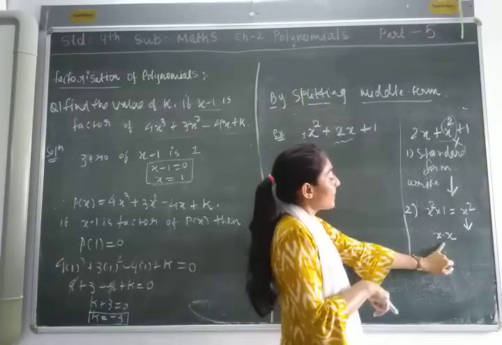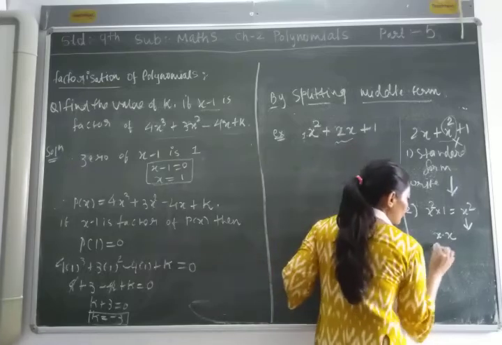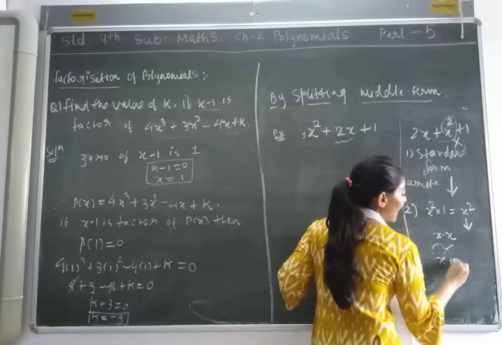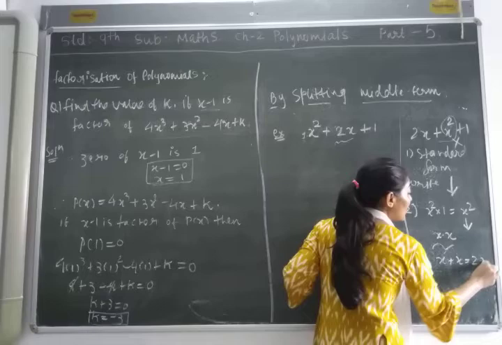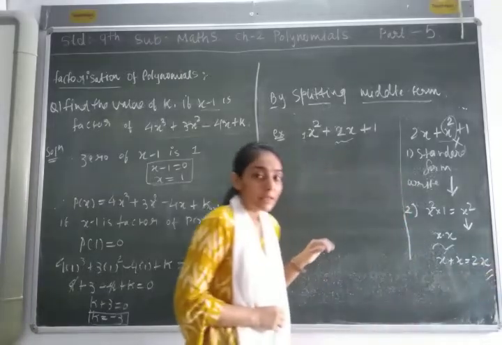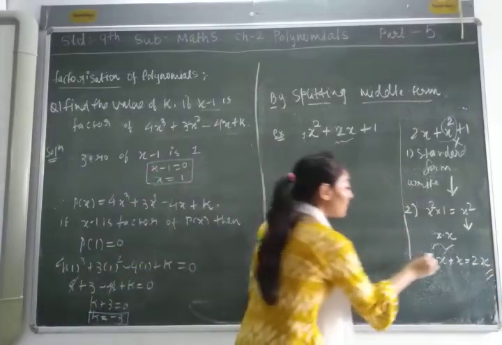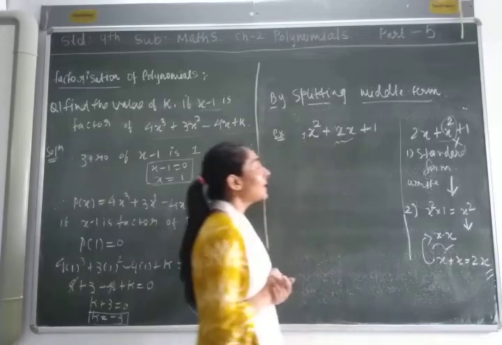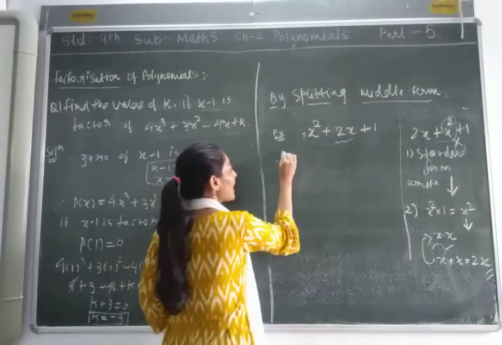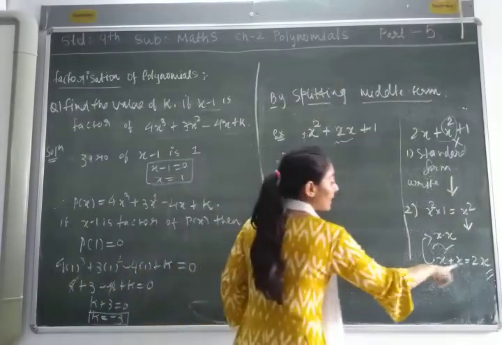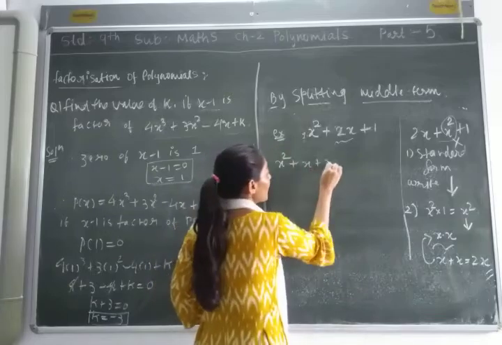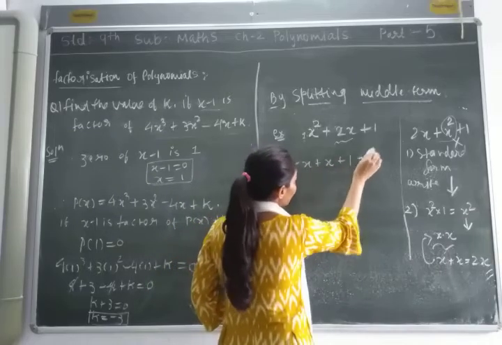If I add x plus x, what am I getting? My middle term only. This is nothing but a splitting of the middle term. So I am writing x square plus x plus x plus 1.